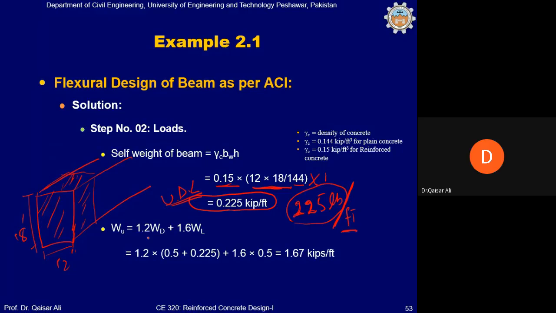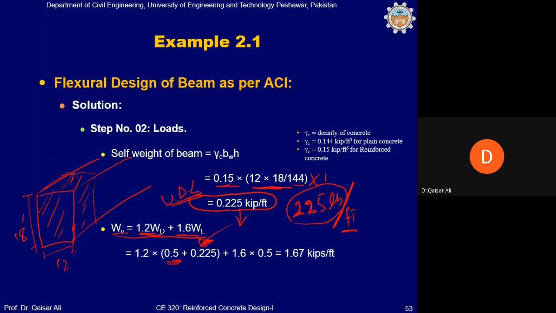Okay, then we will assume this equation of the load combination, where the ultimate load is calculated by addition of the factored dead load and factored live load. The dead load that we have calculated right now is 0.225 kip per foot, but the weight that is given to us in the design example is 0.5.